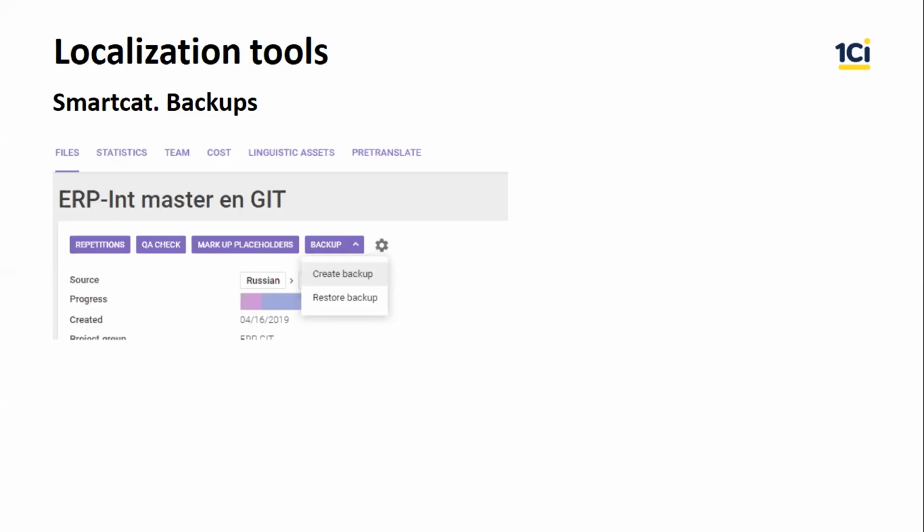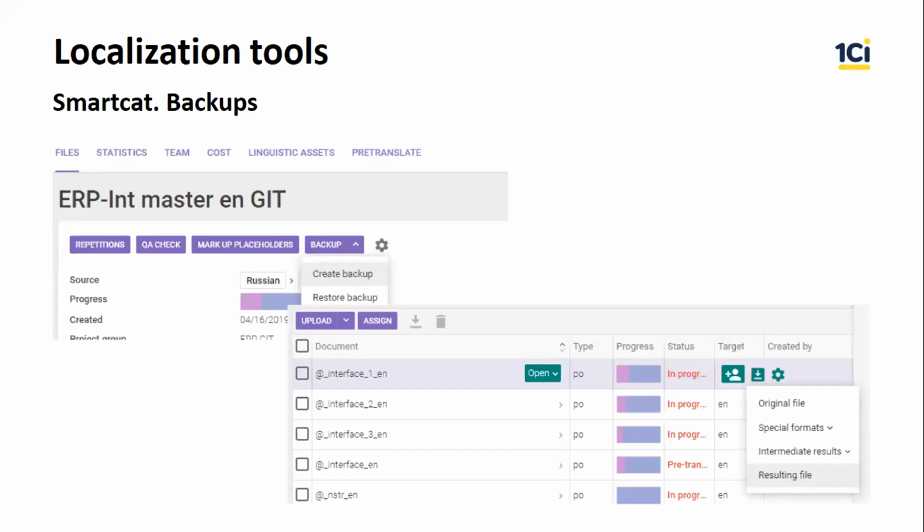We do it because some time after the translation is finished, SmartCAT archives and deletes the project. There is a ready-to-use tool in SmartCAT paid accounts, where you can create backups and then restore them. But if you use a free account, you are also able to make backups. For that purpose, please use the downloading of resulting files.